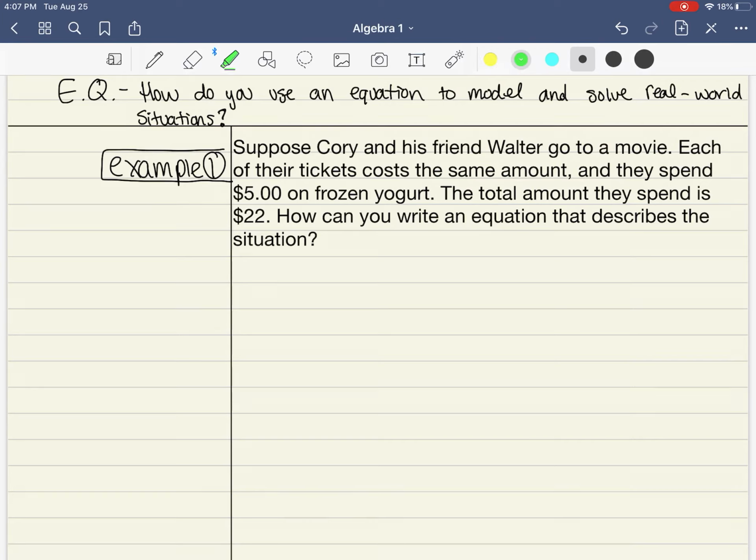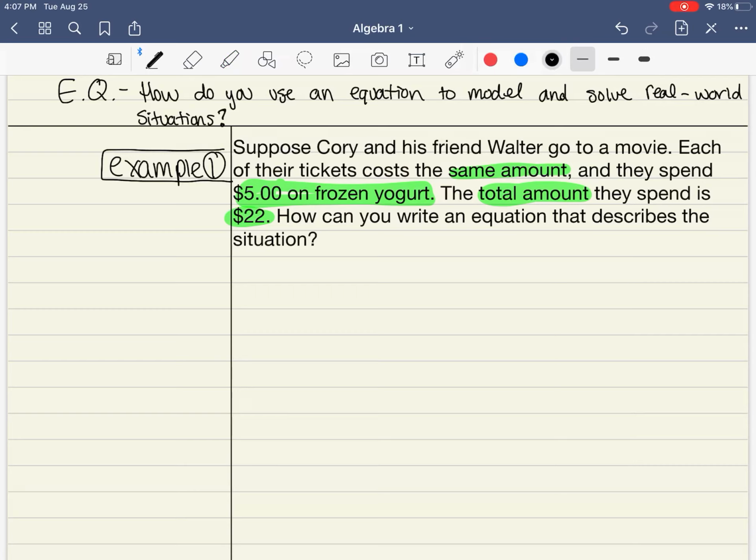So suppose Corey and his friend Walter go to a movie. Each of their tickets cost the same amount. They spend $5 on frozen yogurt, and the total amount they spend is $22. How can you write an equation that represents this situation?